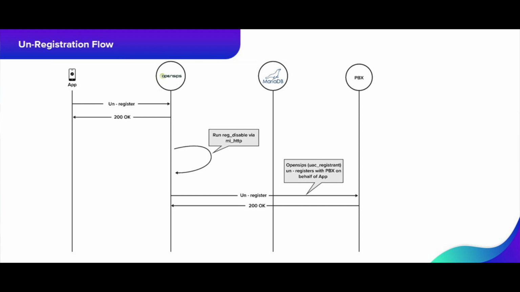So that's where OpenSIPS and the USC Registrant do the job of always staying registered with the PBX, and whenever the PBX wants to send a call to the application, OpenSIPS receives it and can use FCM and APNS to wake up the application, restart the connection and then forward the call.